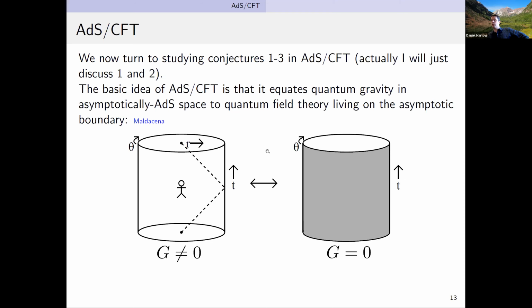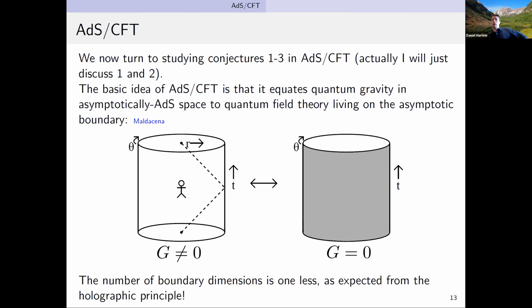We still have some angular direction, but we no longer have this radial direction. That's just disappeared. So somehow that radial direction is emergent. It's not part of the microscopic description, or at least it's not fundamental in the microscopic description. And so this fact that the number of boundary dimensions is one less than the bulk number of dimensions is what's expected from the so-called holographic principle. So this is an illustration of that principle.